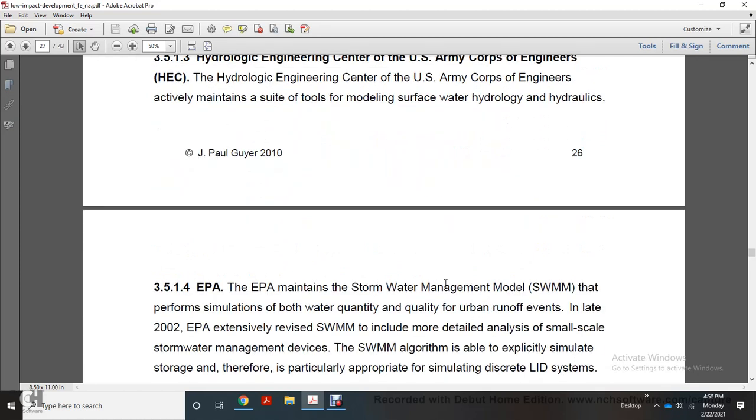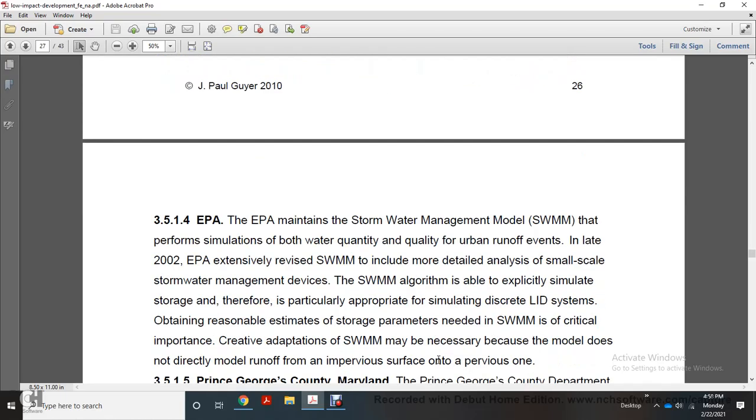The EPA maintains the Stormwater Management Model, which performs simulation of both water quantity and quality of urban runoff events. In late 2002, EPA extensively revised the Stormwater Management Model to include more detailed analysis of small-scale stormwater management devices. The algorithm is able to implicitly simulate storage and is therefore particularly appropriate for simulating discrete low-impact development systems.